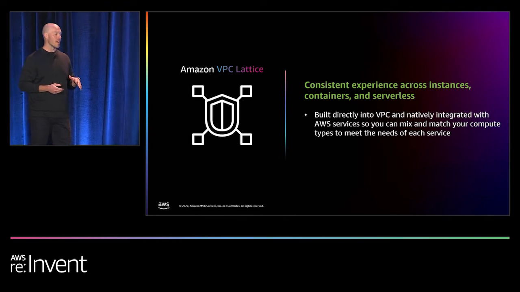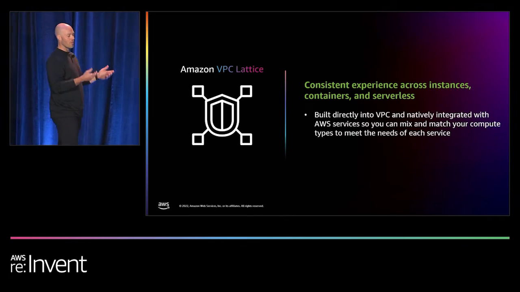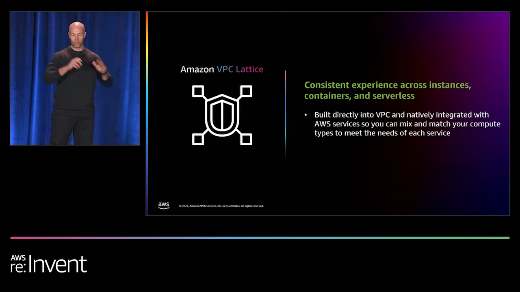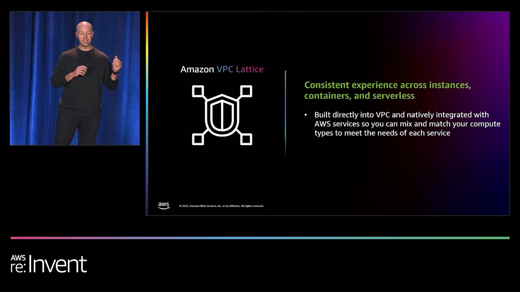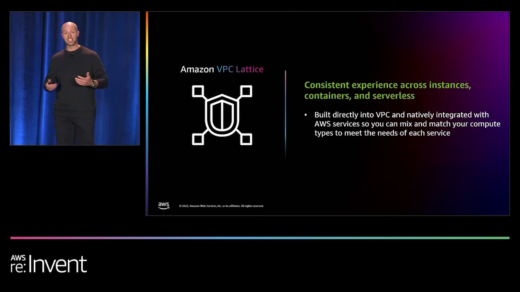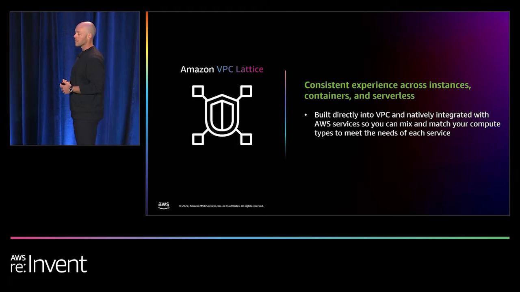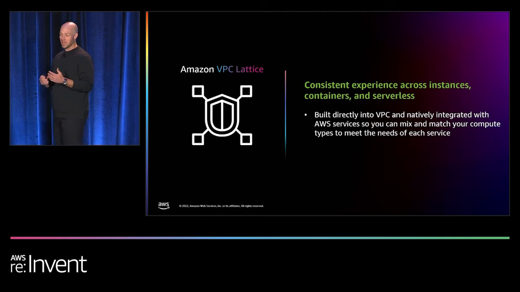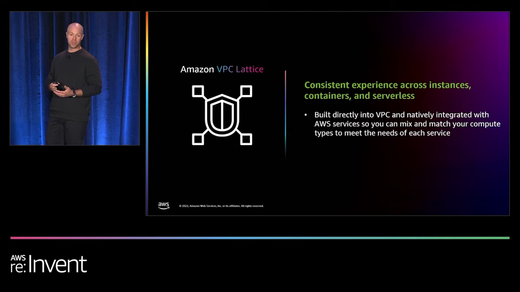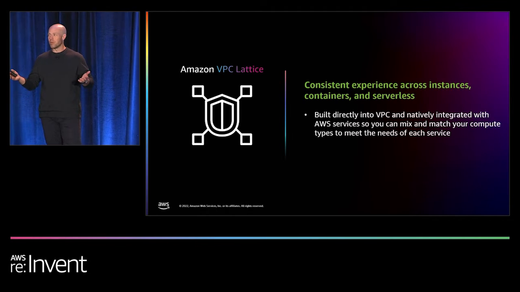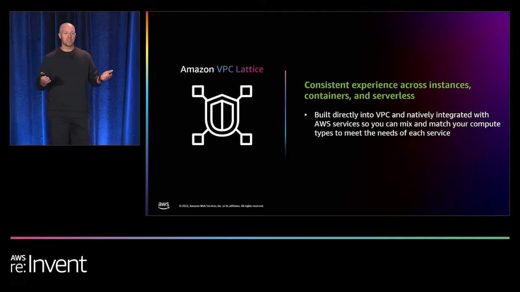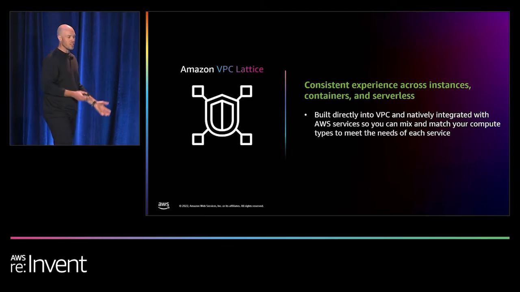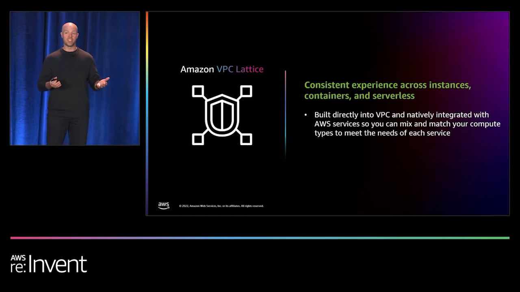And by doing that, we're able to provide a consistent approach across a wide range of compute platforms: instances, containers, and serverless. We come across this all the time. It's actually really rare, especially the bigger the customer, but this also happens with smaller customers, for you to have a, would you call it polyglot? What would you call it? Mixed compute environment, right? You've lifted and shifted some of your environment, and it's still on EC2.